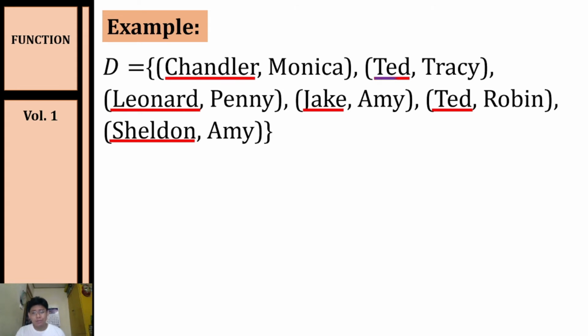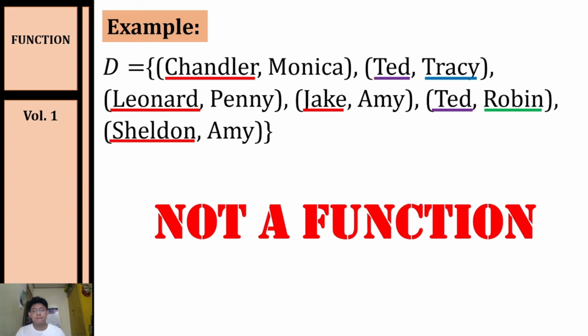In this case, we have Ted as our repeating element. Let's check if the repeating value of x, which is Ted, has a different value of y. For the first Ted, it is partnered with Tracy, and the second Ted has a partner of Robin. Since they have different partners, this set of ordered pairs will be considered not a function.